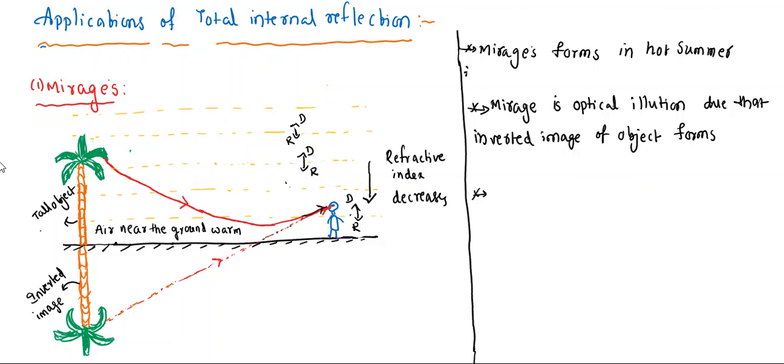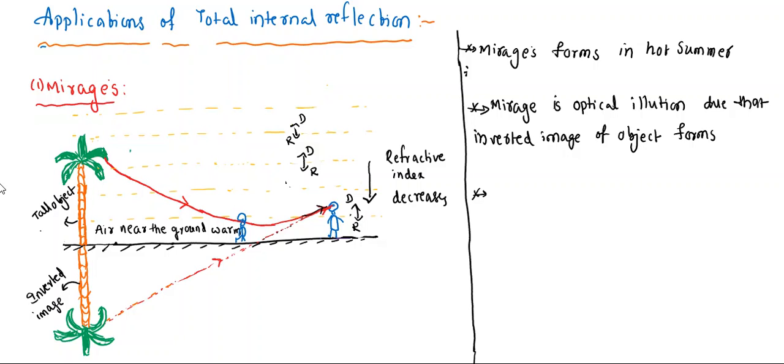But he was a little bit confused, and when he goes near to the tall tree, for example, when the fellow comes to this location, at that moment he will see the original light ray which is coming from the tall tree.